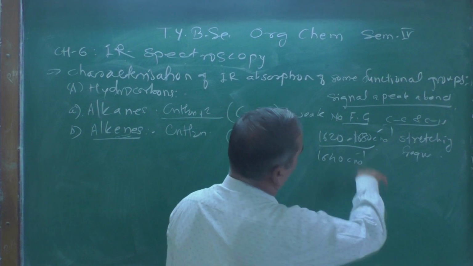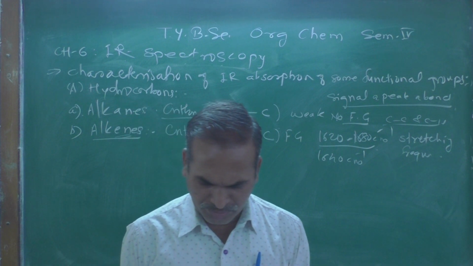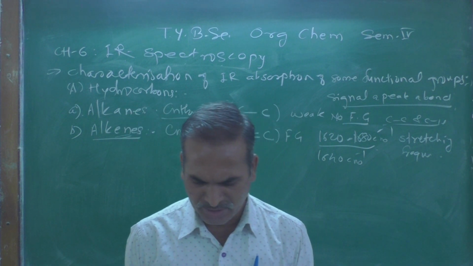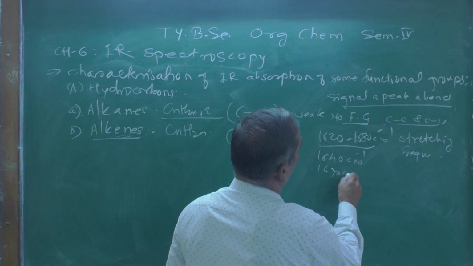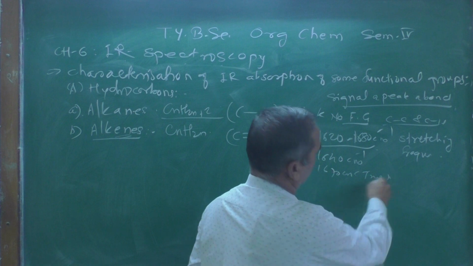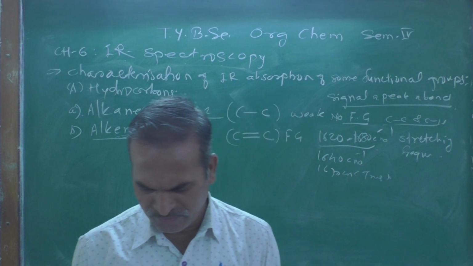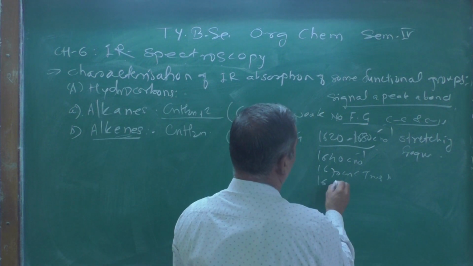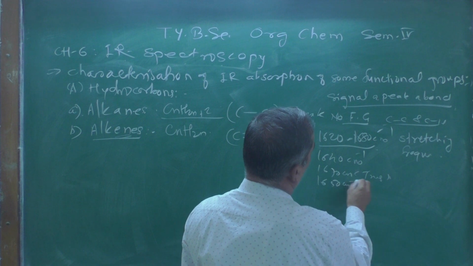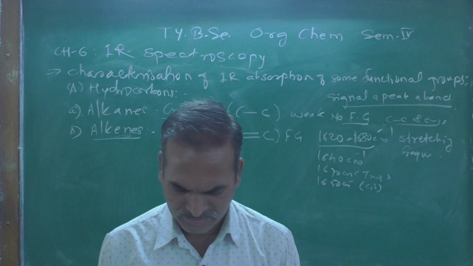A disubstituted trans olefin is absorbed near 1617 per centimeter, which is due to the trans, while a cis olefin is absorbed near 1650 per centimeter, which is due to the cis.